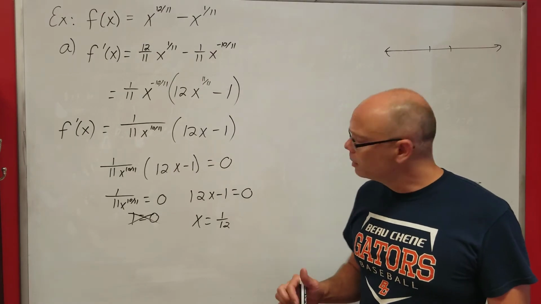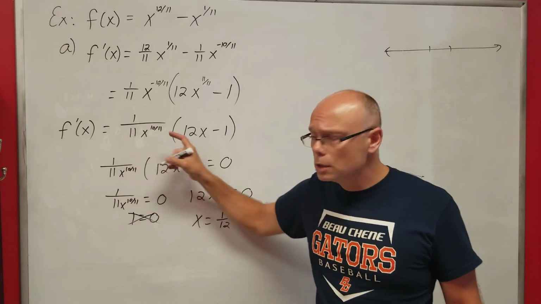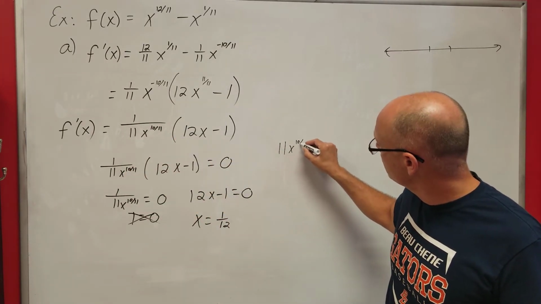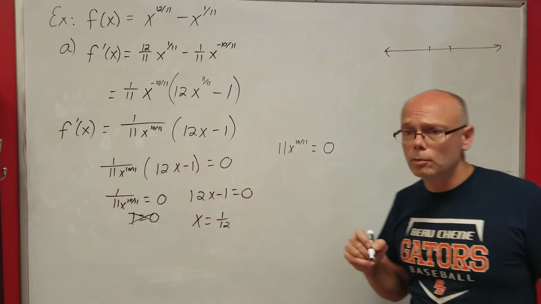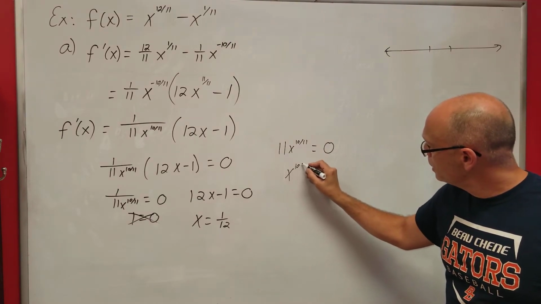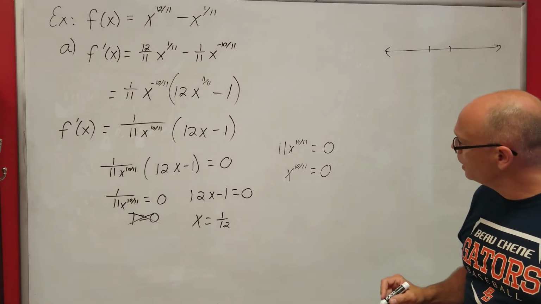But where's my derivative going to be undefined? It'll be undefined where the denominator is equal to 0. So where 11x to the 10/11, my denominator, is equal to 0 will make my derivative undefined. So x to the 10/11 is equal to 0 if I divide both sides by 11.